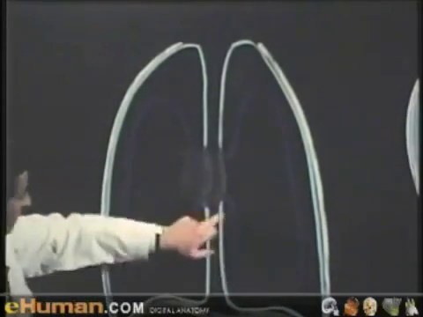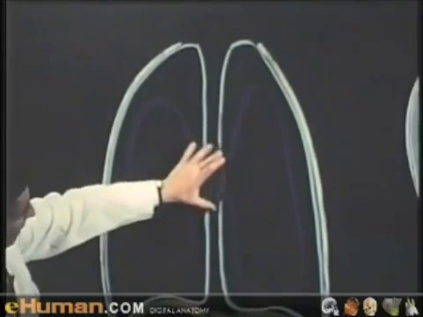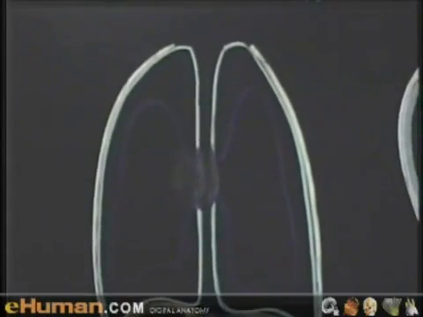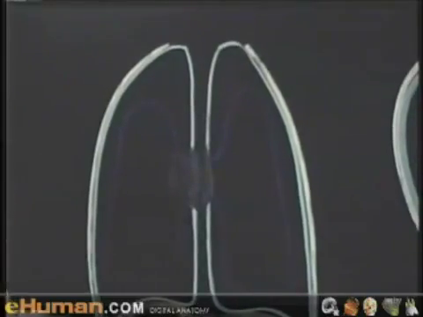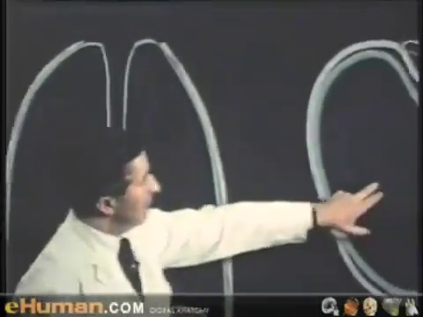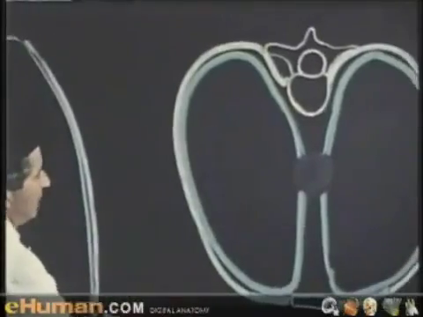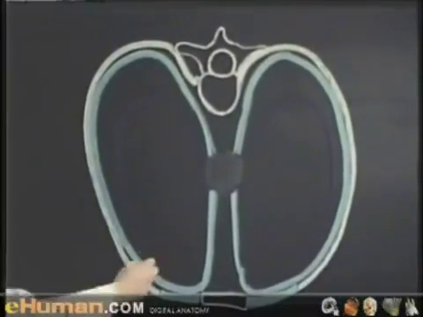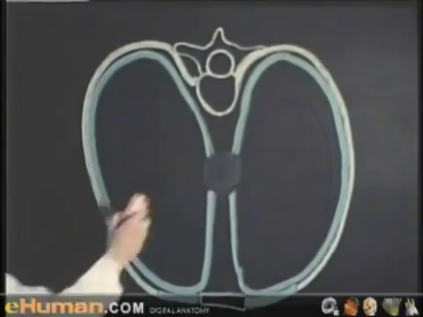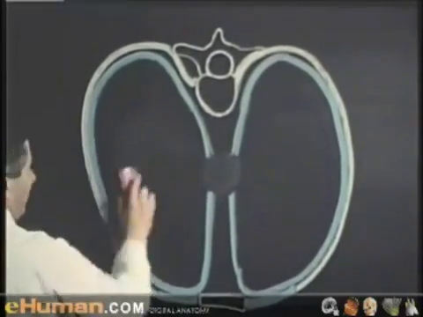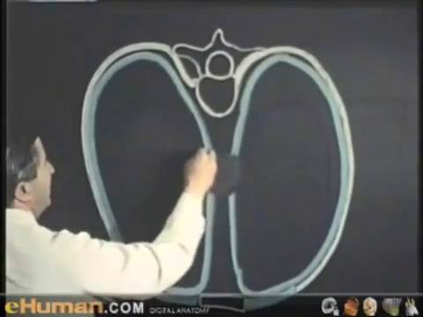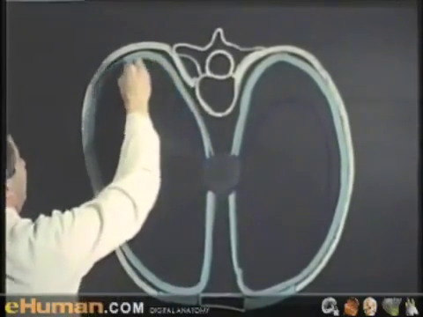Visceral pleura covering the lung, and at the root of the lung becoming continuous with the mediastinal parietal pleura. Now, of course, as the lungs go on expanding and increasing in size, this space between the visceral pleura and the parietal pleura becomes diminished until we end up with the space being so small that for practical purposes they're almost in contact with one another.